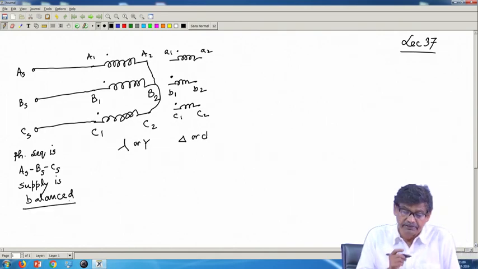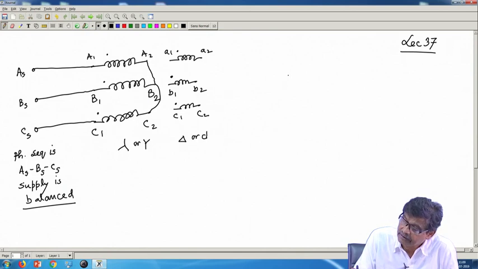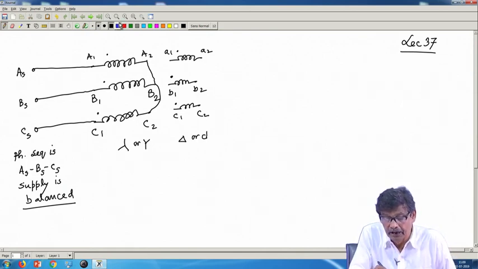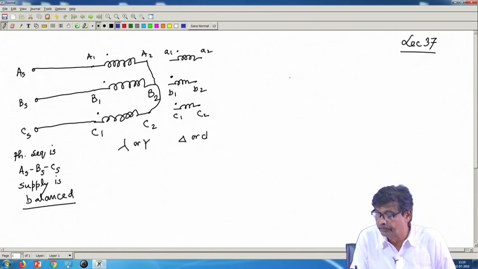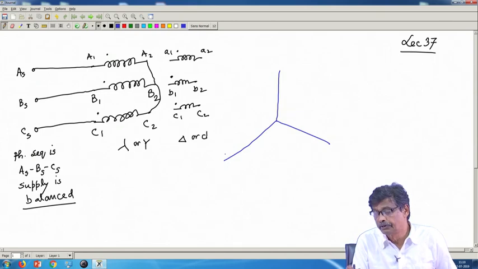Okay. If the supply is balanced, then the best thing to do is draw the supply voltage first. So, I draw the supply voltage, like this, 120 degrees apart, equal lengths, and this is AS, BS and CS.